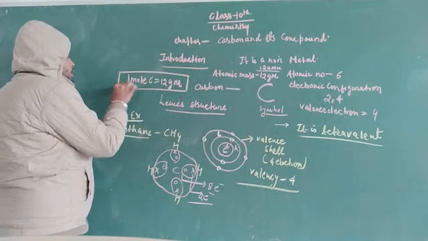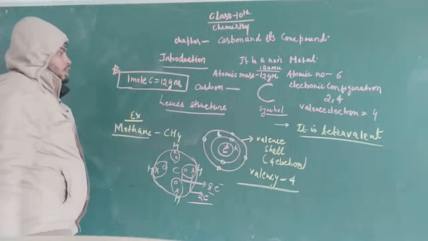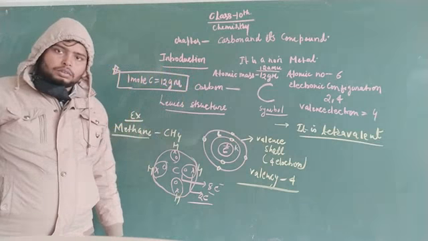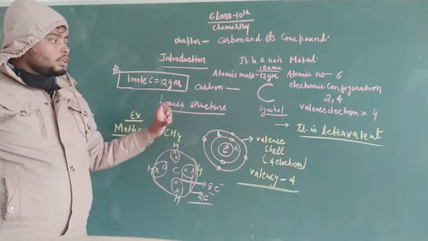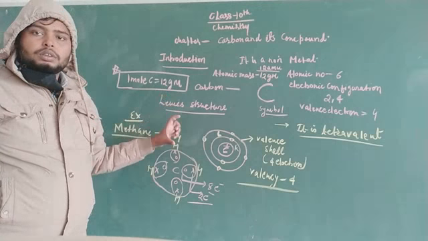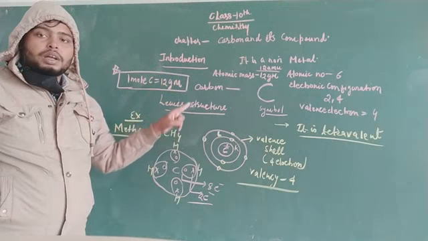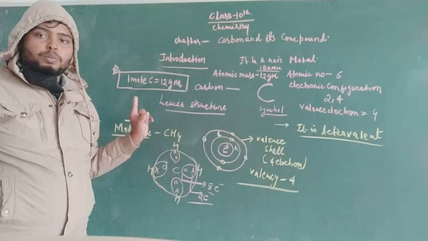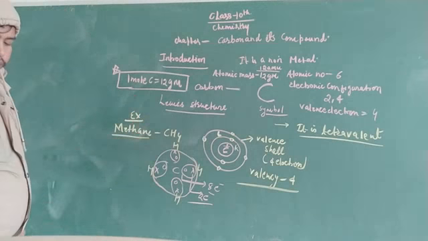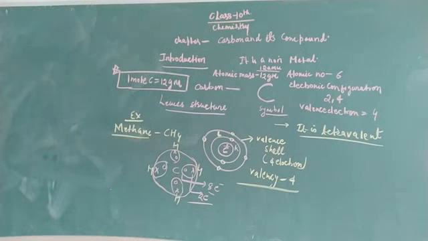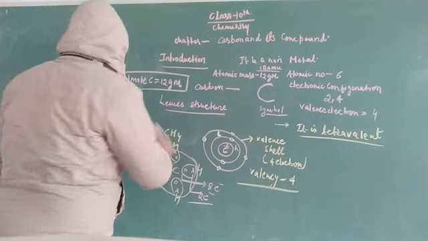So this is the short introduction of carbon, that means all the introductory things of carbon are arranged here. Just take a screenshot of this. Okay, now I will erase it.